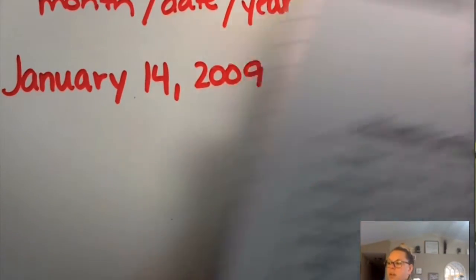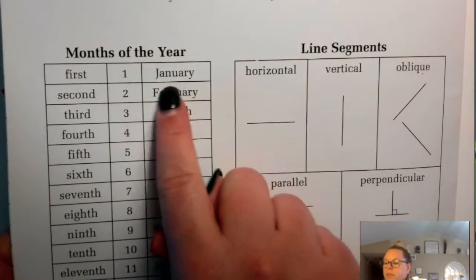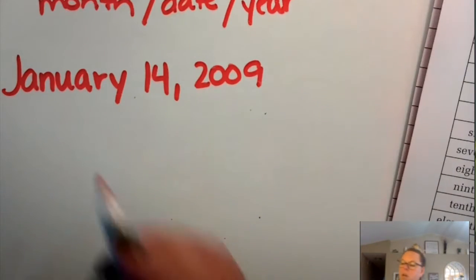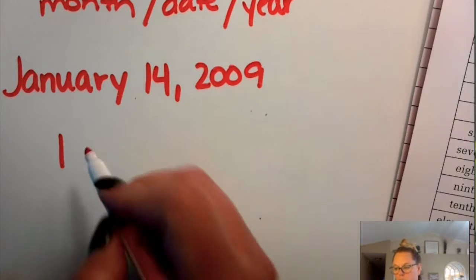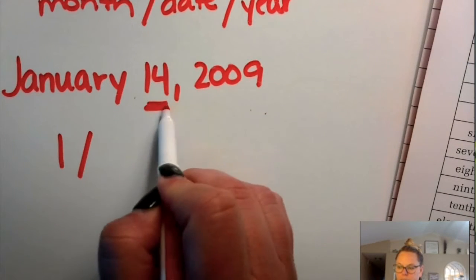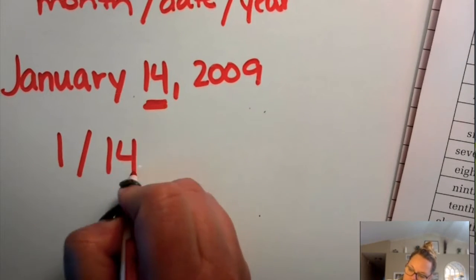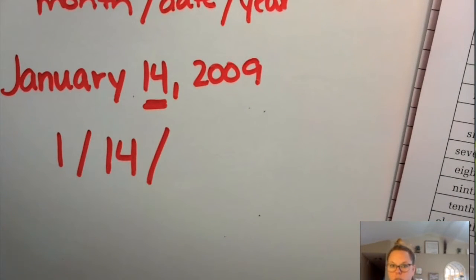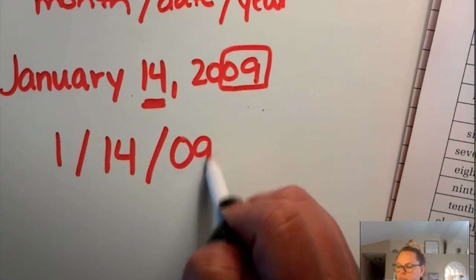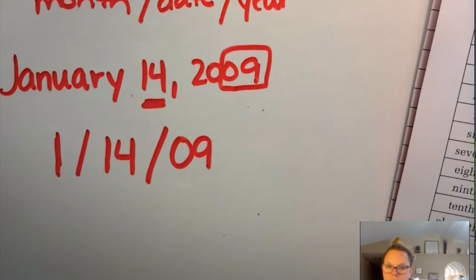We said January, so find January. What's the digit for January? 1. So I'm going to put a 1. Then I'm going to make my slash. What's my date? 14. Slash. I use the last 2 digits for my year, 09. That means 2009.